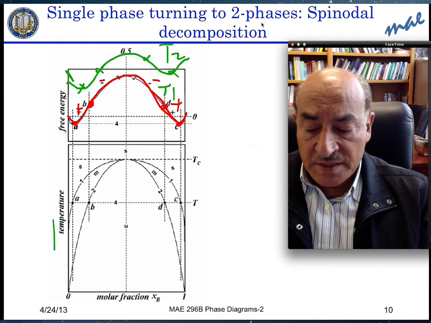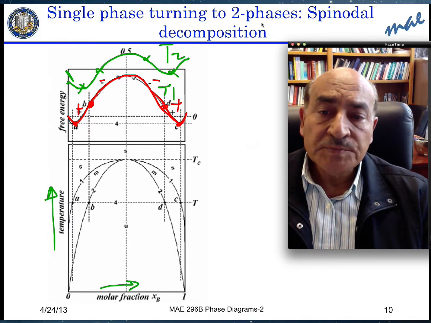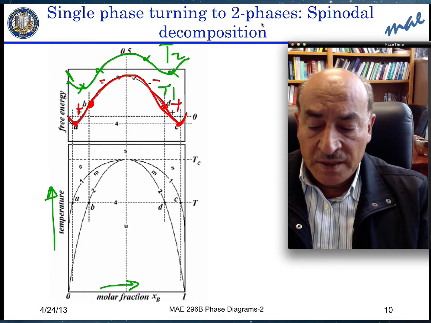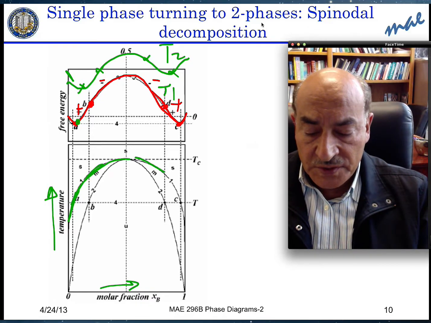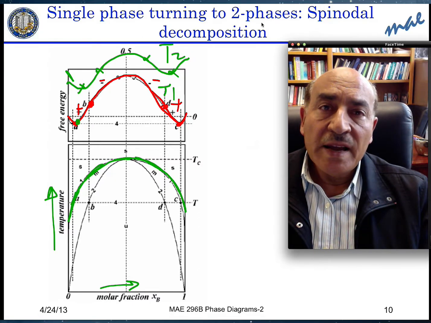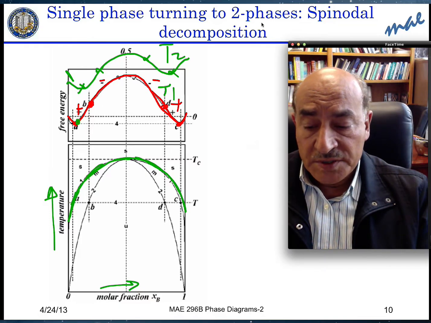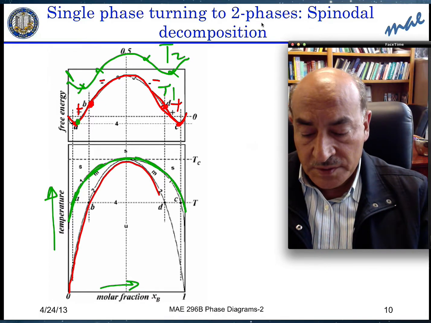Then you plot the temperature versus the molar fraction, and you identify the locus of all of the minima. The locus of all of the minima will give us the phase boundary, and the phase boundary would be curve number 1. If I identify the locus of all of the inflection points, that's going to give me the spinodal boundary, which is right here.